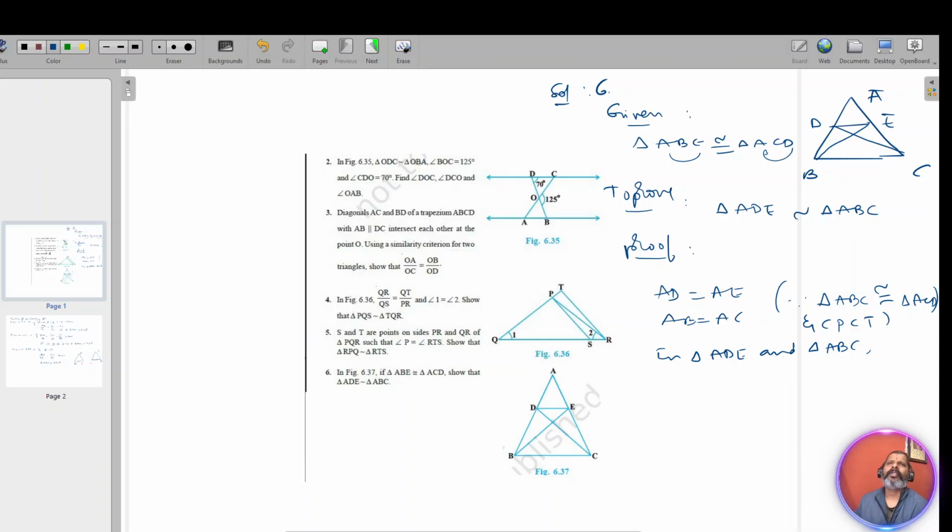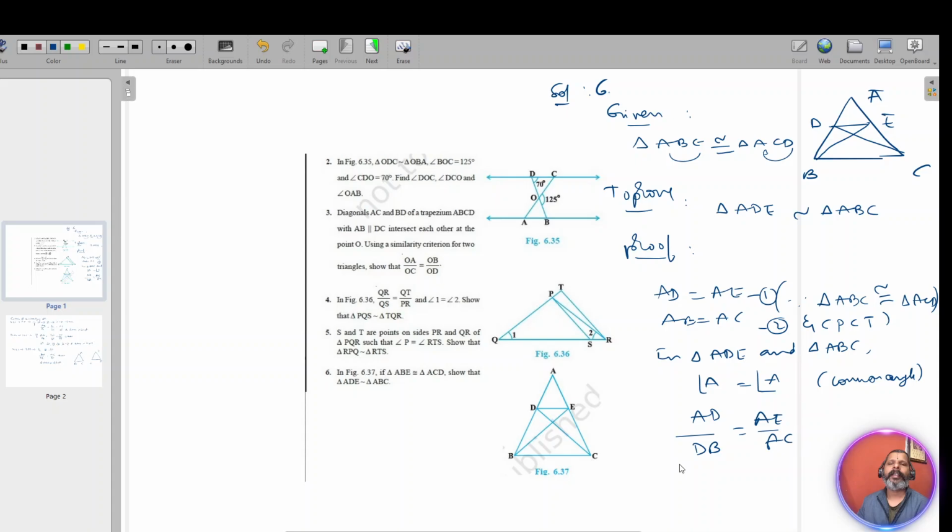Then we'll use that in triangle ADE and triangle ABC. Check out, ADE and ABC we have one angle equal, which is that angle A is a common angle. First you have to identify the common angle. Then two sides, AD by AB, right? You call it as 1 and 2. If you just divide the first two equations which we derived from CPCT, one by one, you get the corresponding parts of the triangles which we need to prove similar, AD by AB equal to AE by AC. Because if you want to apply SAS, two sides should be in proportion, right?